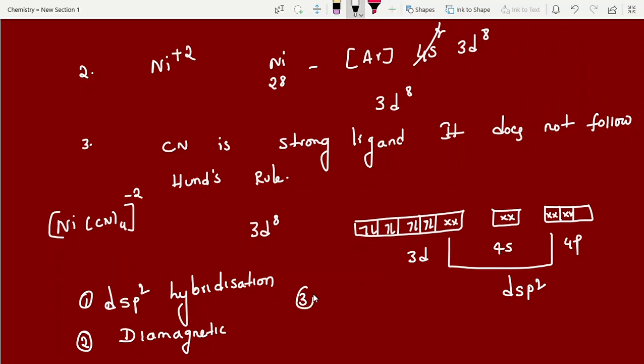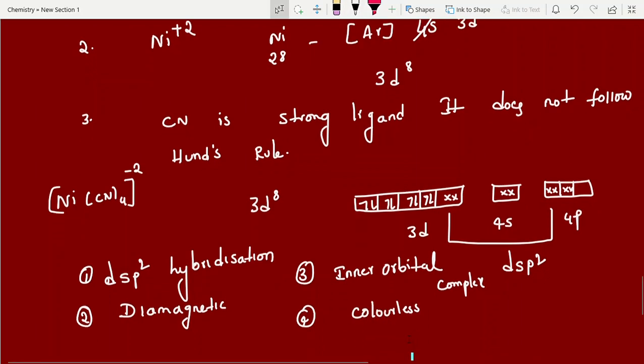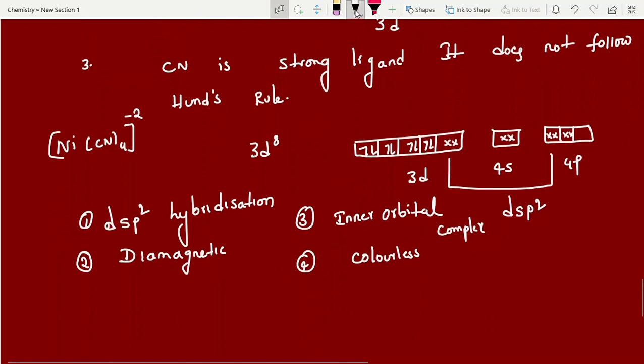And the third point, is it outer orbital or inner orbital? It started with d, that's why we call it an inner orbital complex. Next point, fourth one: colorless or color? Colorless, no unpaired electrons. Okay. Now next one, magnetic moment. What about n here? n is 0.